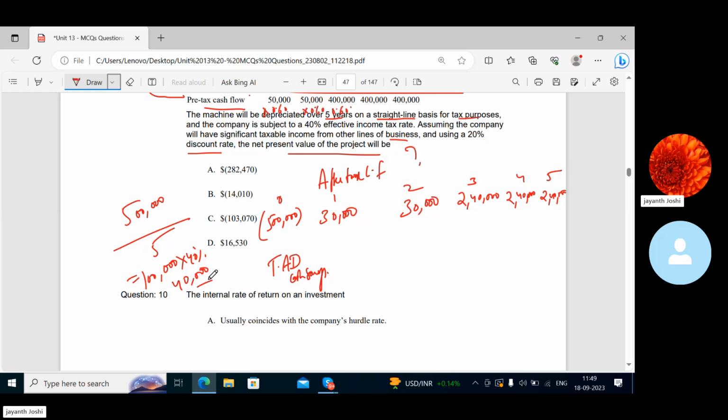So the discount rate is 20%. Can you tell me the annuity factor for 5 years at 20%? It is 2.991. Now, instead of all this, we have to do the discounting also, because I'm taking an annuity here.